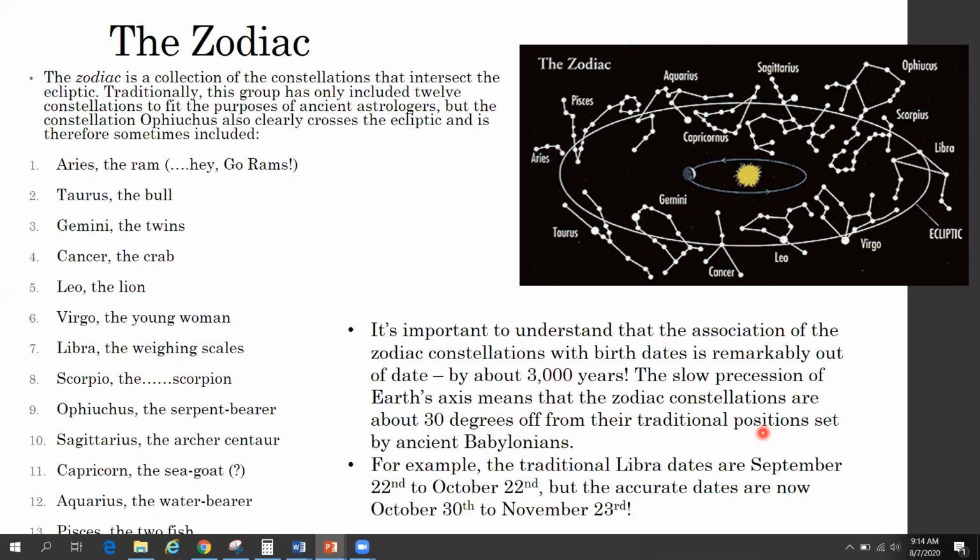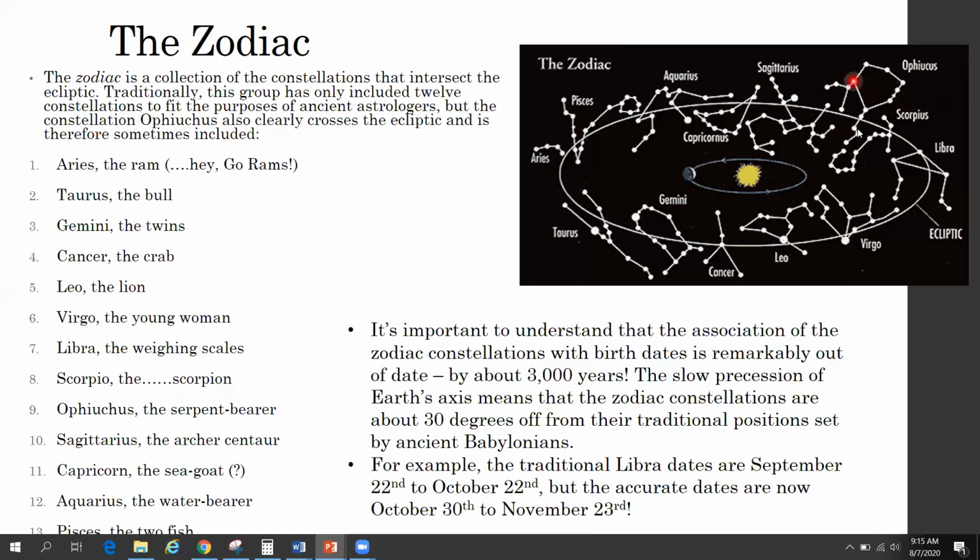However, one other thing we'll mention here is that astrology really only officially recognizes 12 constellations of the zodiac when, in fact, there's really 13 of them. I'll point out the one that's left out by astrologers, and it's called Ophiuchus. It means the serpent bearer.